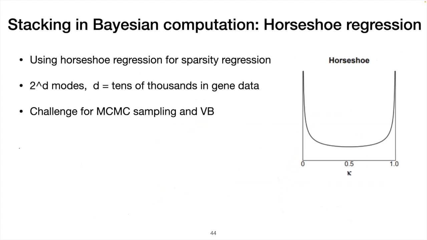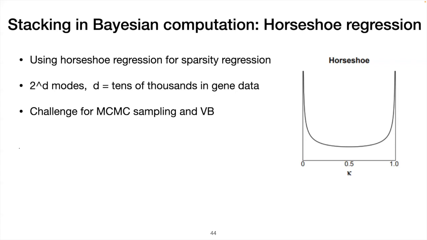Another often multimodal landscape comes up in sparsity regression, for example the horseshoe regression, a useful model for enforced sparsity in regression. It has two modes for each parameter.